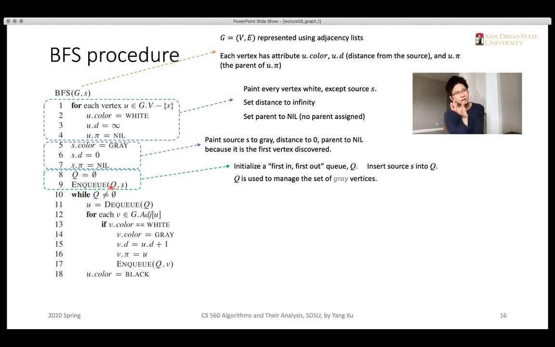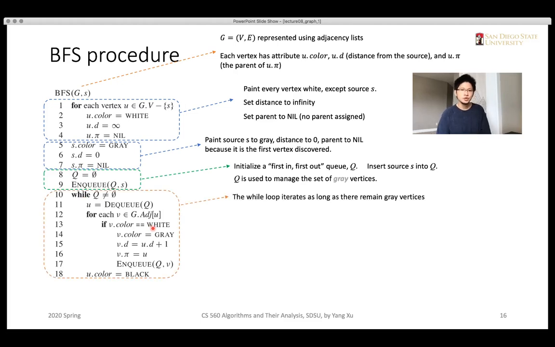First we need to enqueue the starting vertex into the queue to make the queue non-empty, so that the while loop will get executed. This while loop will keep running as long as the queue is not empty, that is, as long as there remain gray vertices.